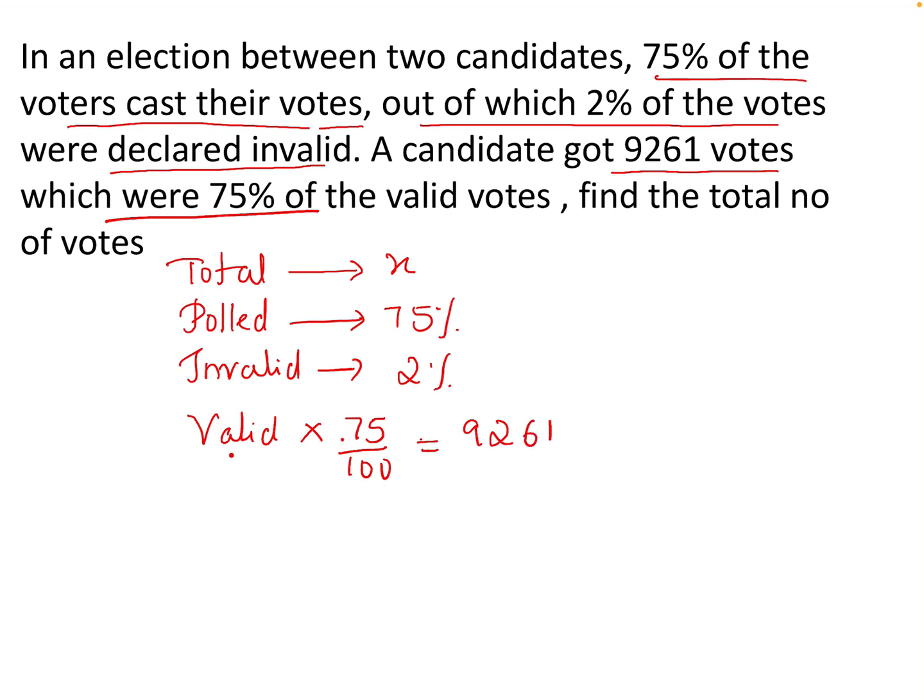They are saying 75% of valid votes, and they are giving the number, 9,261. Now see here, if X is the total number of votes, X into 75% of the voters cast their votes. So X is the total number of votes, and 75% of voters cast their votes, so X into 75% will give us polled votes.